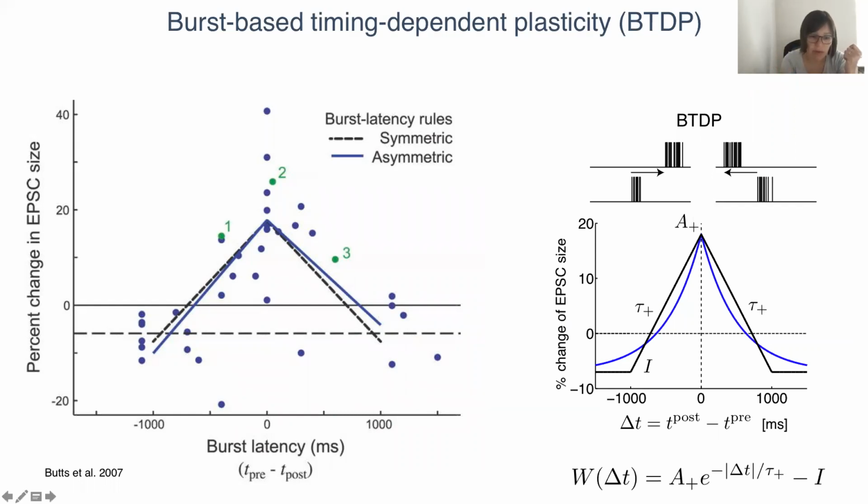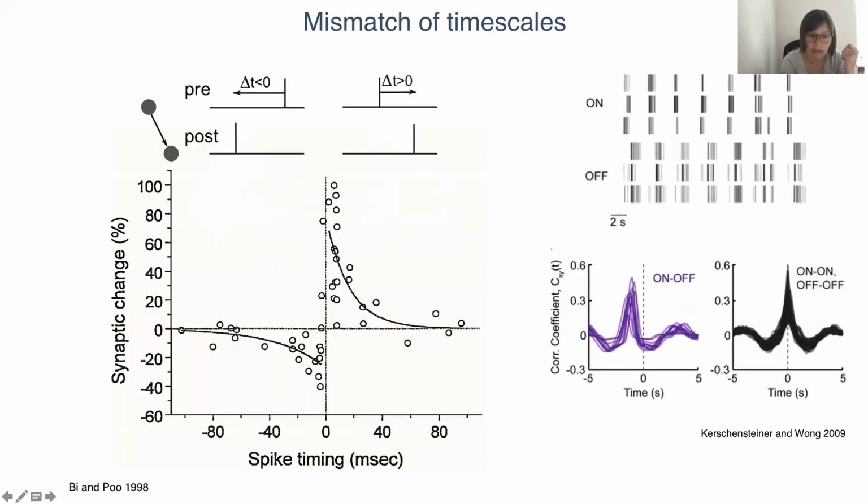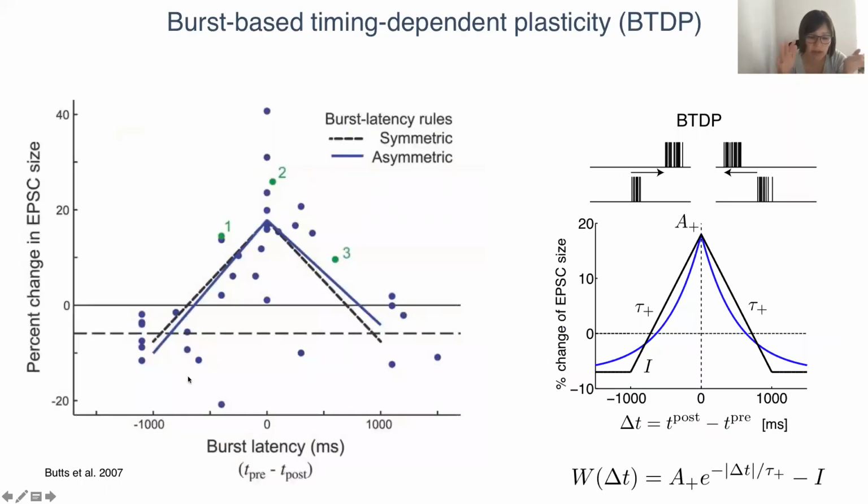And what they found is, rather than the STDP rule that I have been showing you so far, that operates on these short scales and has this asymmetric window of potentiation and depression depending on which spike comes first, they actually describe a learning rule that depends on very long time scales, just like the activity patterns we saw in the retina.